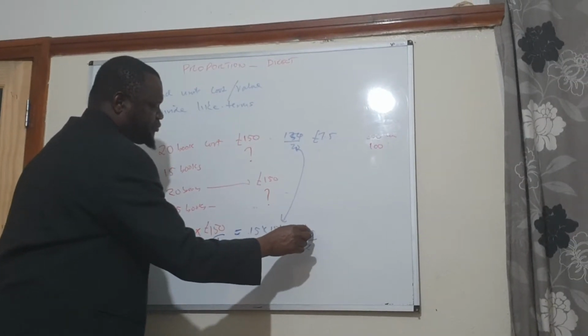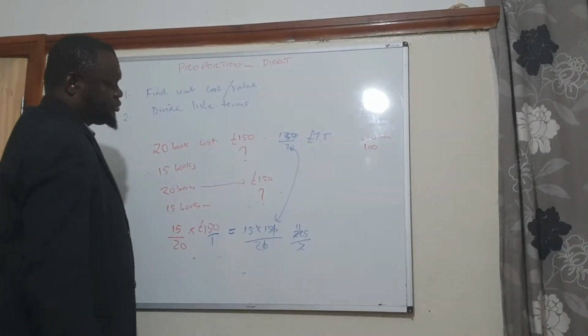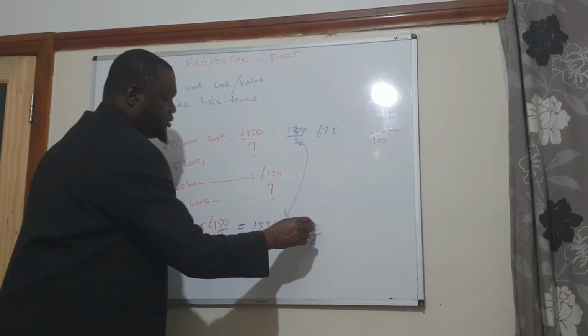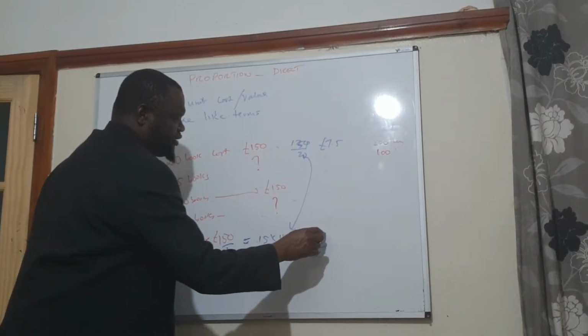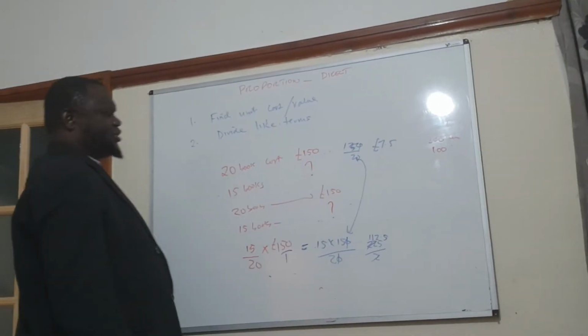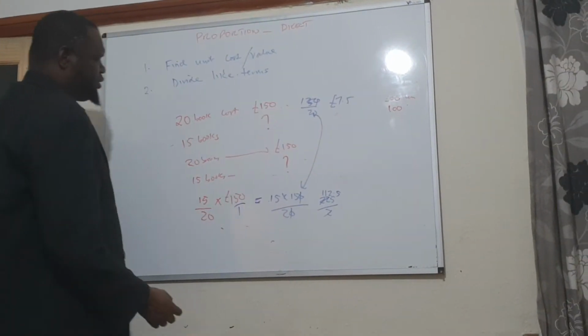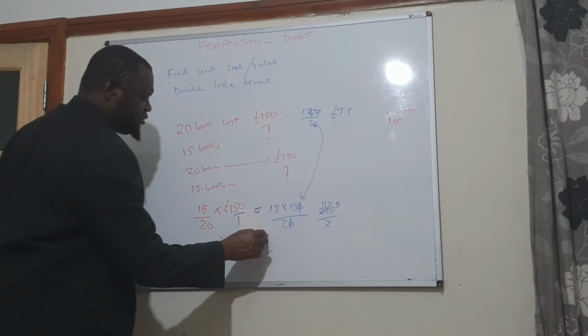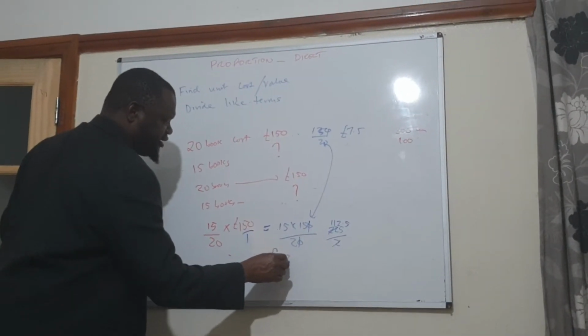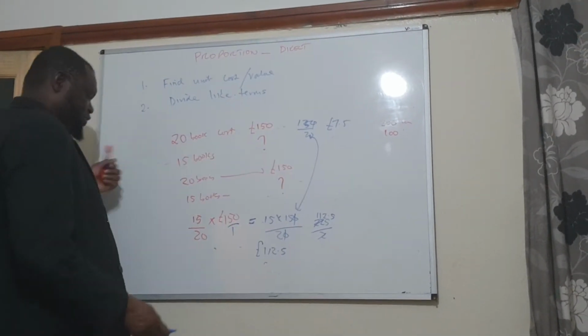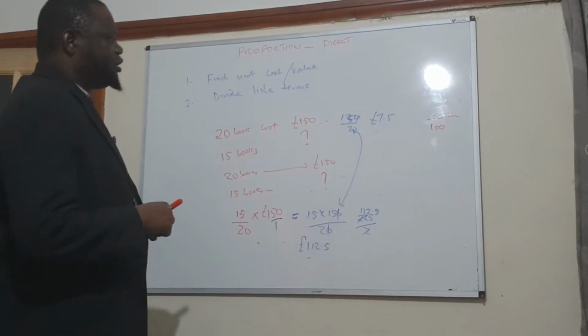So 112.5. So 15 books is 112.5. This is called direct proportion.